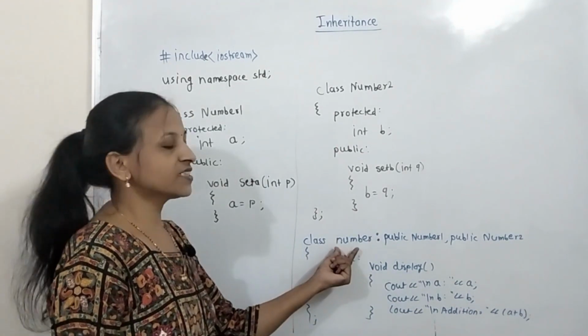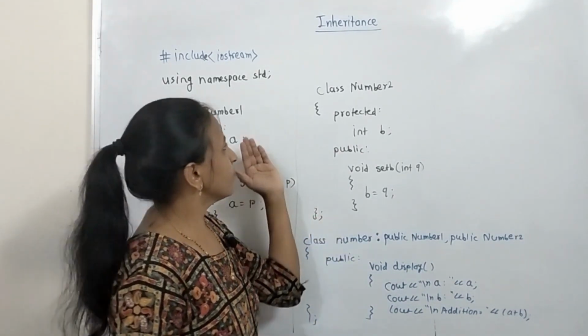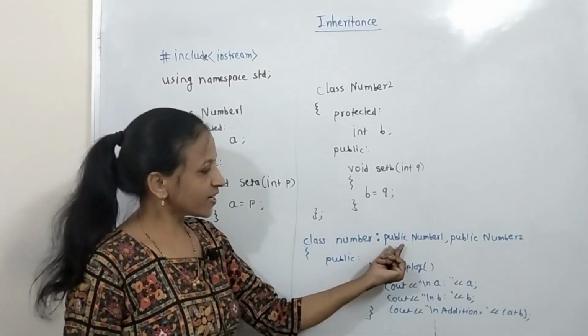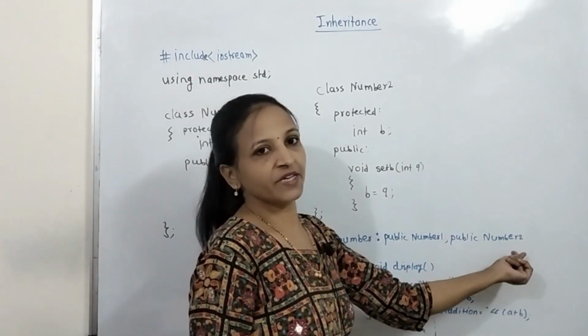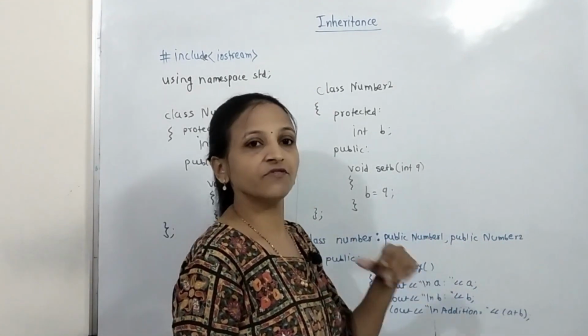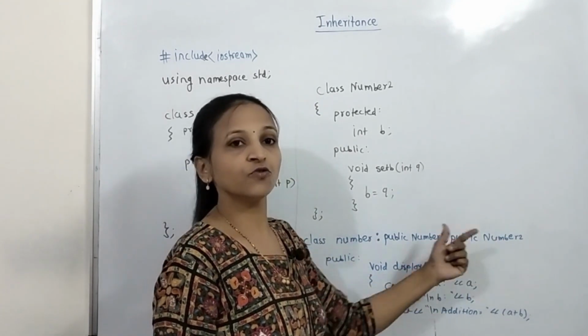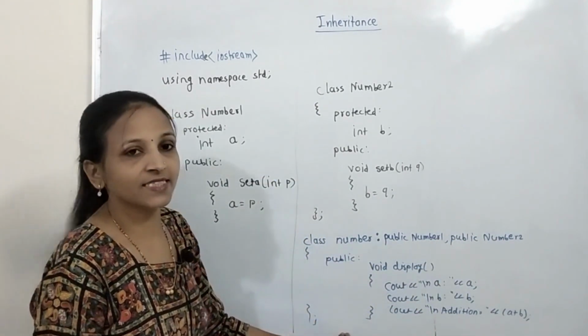And see here, I just created this Number class by using these two classes as base classes. That's why we have to write public Number1, comma, public Number2. This public is nothing but a visibility mode. It means how Number1 or Number2 are visible inside this derived class.